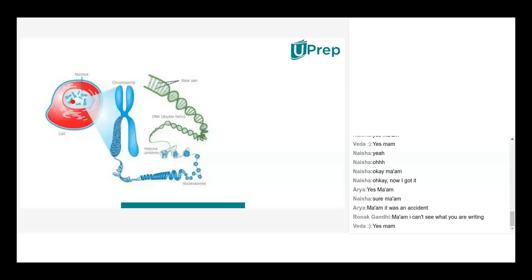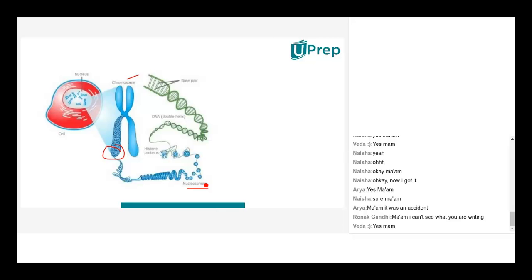If you enlarge it, you'll have chromosomes. Now the chromosome structure looks somewhat like this. And when you take a part of the chromosome and enlarge it, it looks like this. That we call a nucleosome.